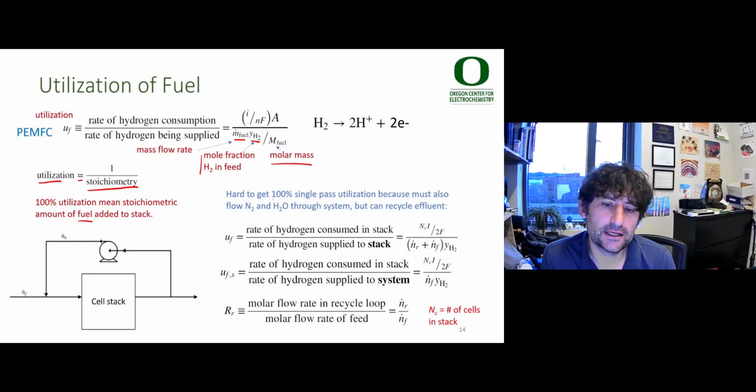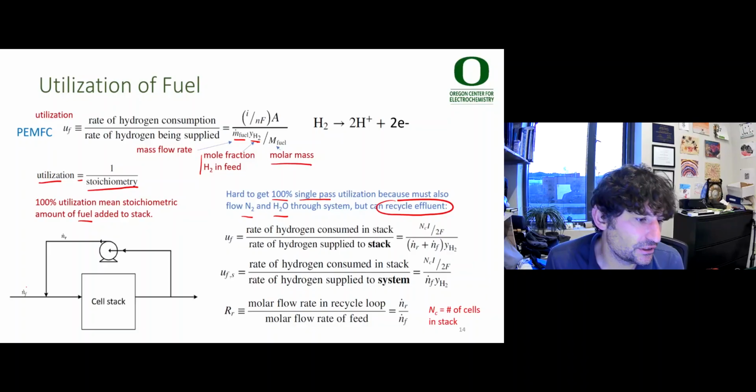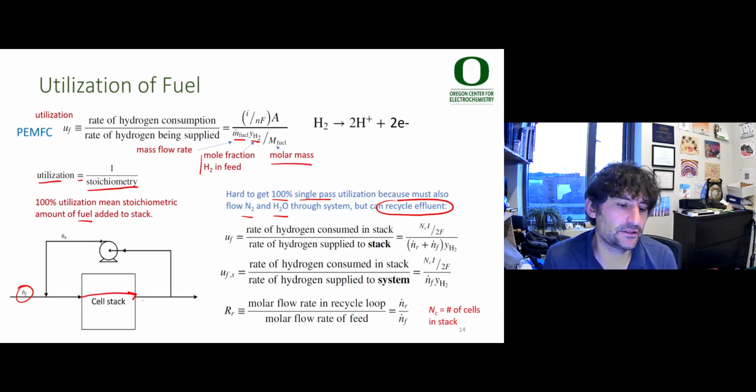But it can be hard to get 100% single pass utilization because you must also flow N2 and H2 through the system, plus the mass transport overpotentials can be significant. But we can also recycle the fuel. So if you imagine you have some incoming molar flow rate of fuel, it goes through the stack, some fraction of it gets used, and that effluent can be recycled and re-entered into the stack.